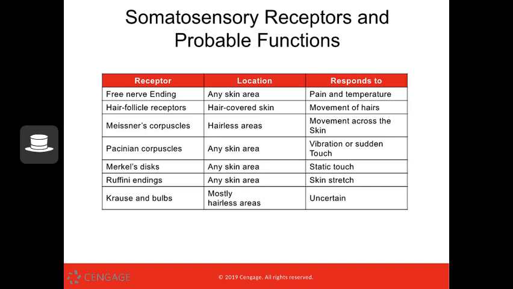But just to give an overview so you have an idea, we have free nerve endings. They can be in any area of the skin. They respond to pain and temperature. We have hair follicle receptors. They are located in areas of the skin, weirdly enough, that are covered with hair. They respond to movement of the hairs. And then we have Meissner's corpuscles.